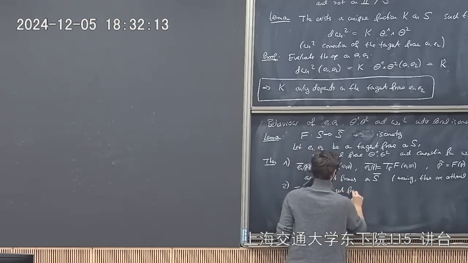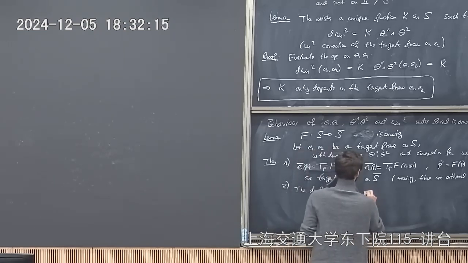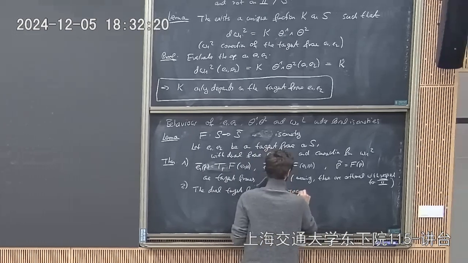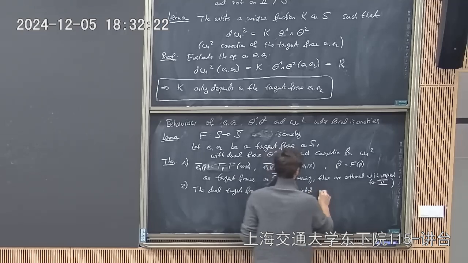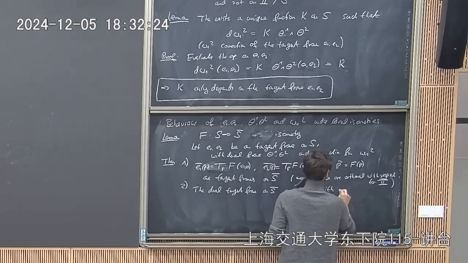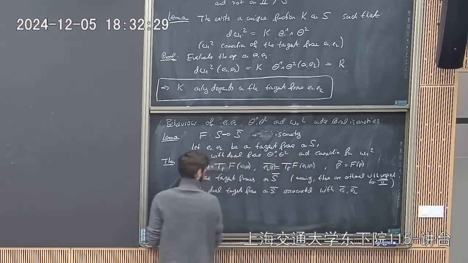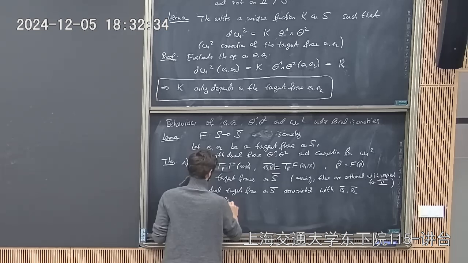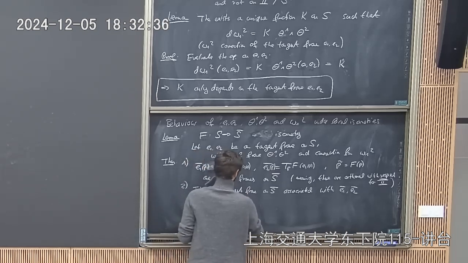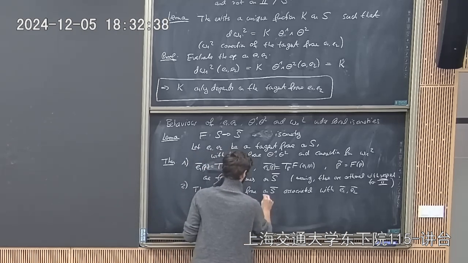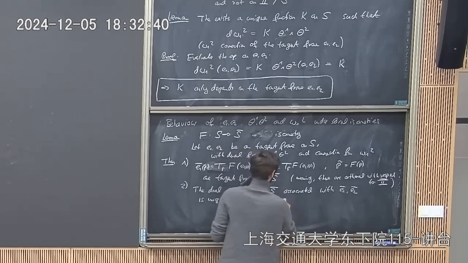Dual tangent frame on S bar associated with E1 bar and E2 bar is uniquely determined by, so the dual frame would be theta 1 bar, theta 2 bar.